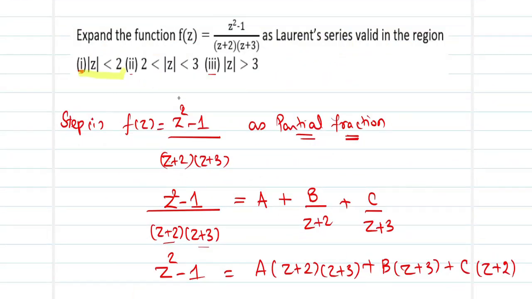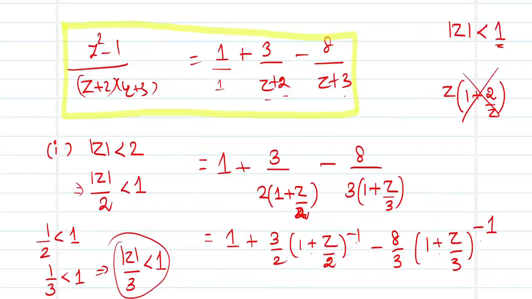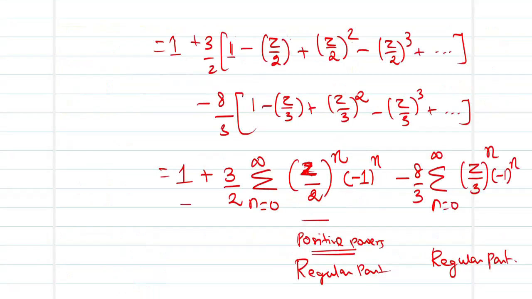Now let me go on to check the second zone. What is the second zone for me? 2 less than mod z less than 3. So we will have the same expansion, but we will have to go for zone number 2, which is 2 less than mod z less than 3. I'll have to consider the fraction, which was 1 plus, what is my function f of z?